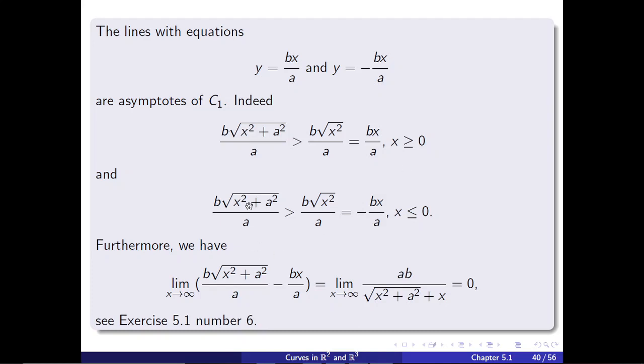And again, it is also greater than minus bx over a for x that is less than or equal to 0. So therefore, we have that the limit as x tends to infinity of that minus bx over a is equal to 0. And this is exercise 5.1, number 6 in the textbook.